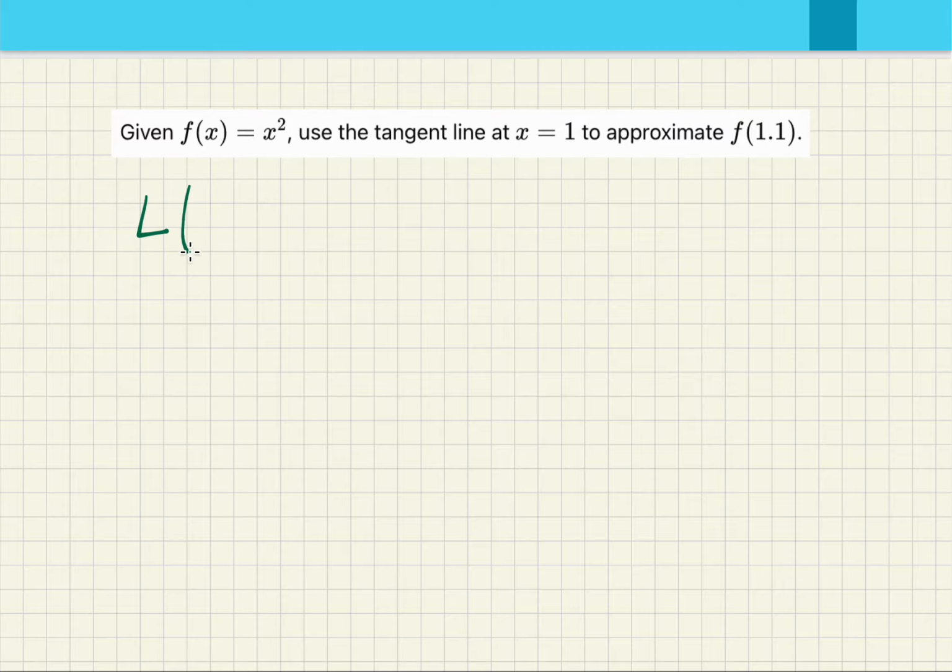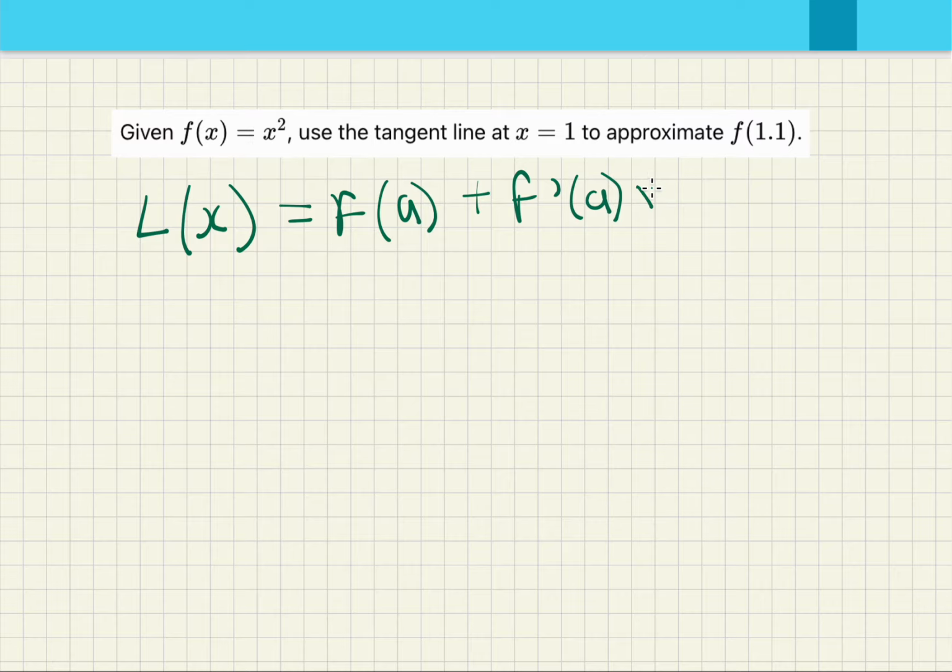The formula for linear approximation goes like this: L of x equals f of a plus f prime of a times x minus a. This is the only formula you will need to know if a question asks you to use linear approximation.